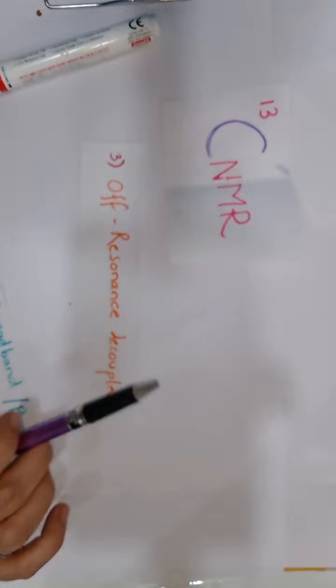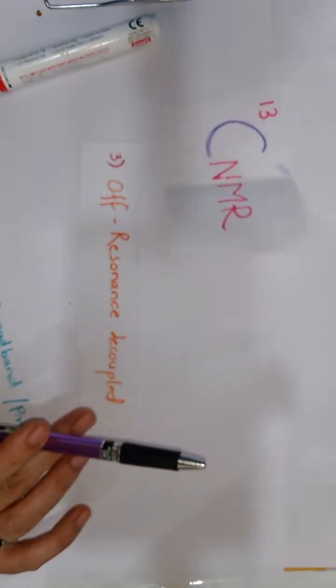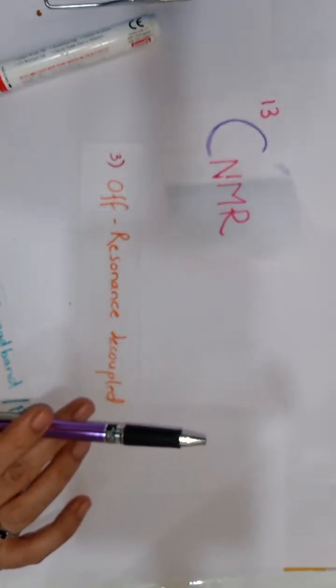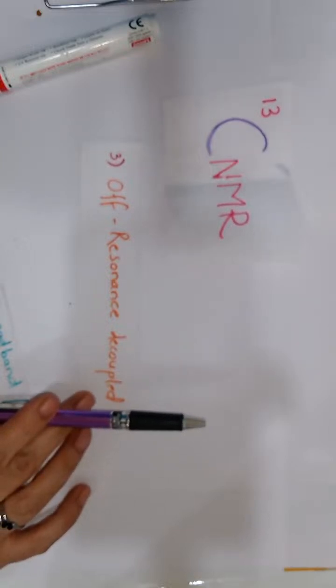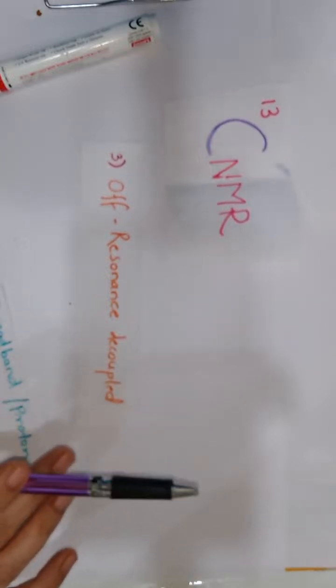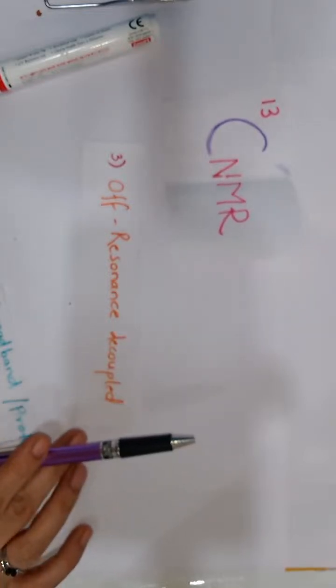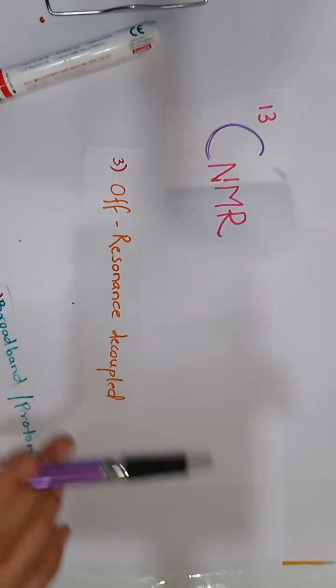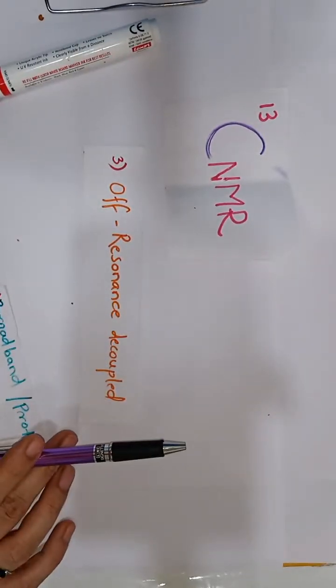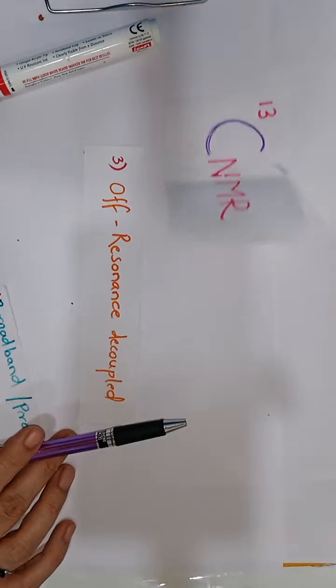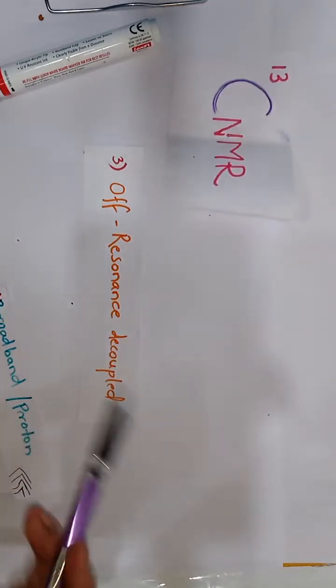But the major disadvantage is all the useful information is lost. Though proton coupled spectrum provides all this information, the spectrum becomes more complex even for simple molecules due to overlapping multiplets, which are difficult to resolve and analyze properly.